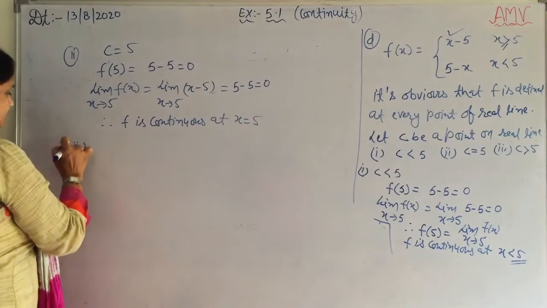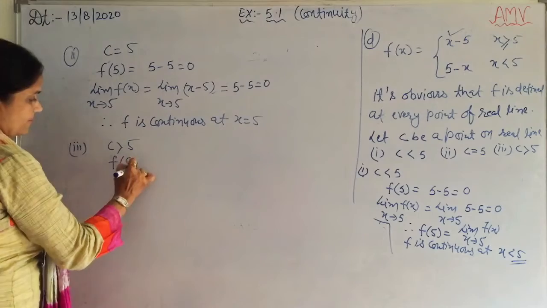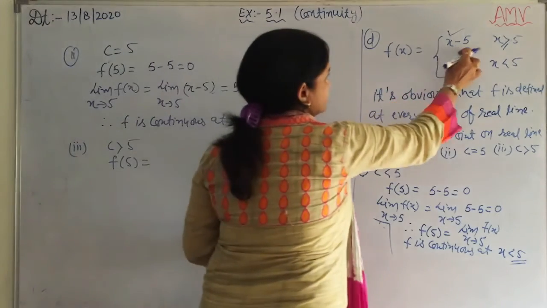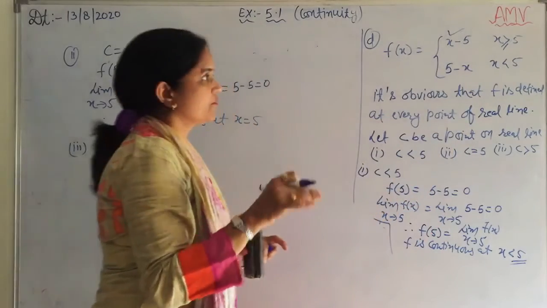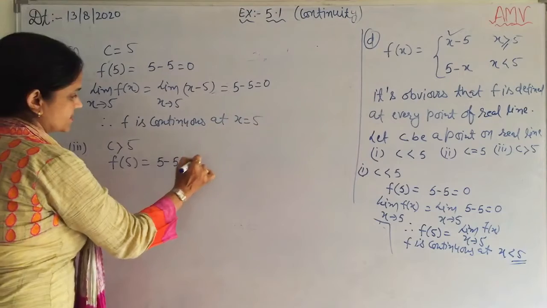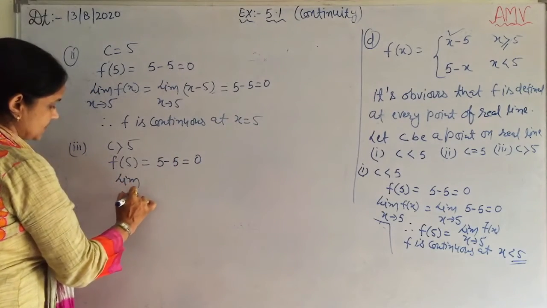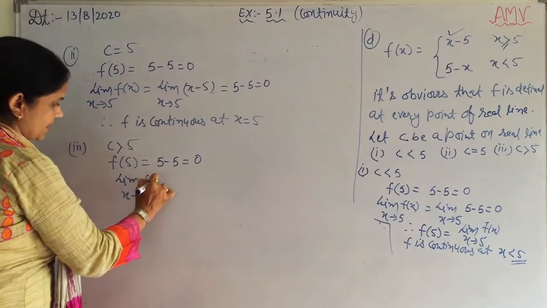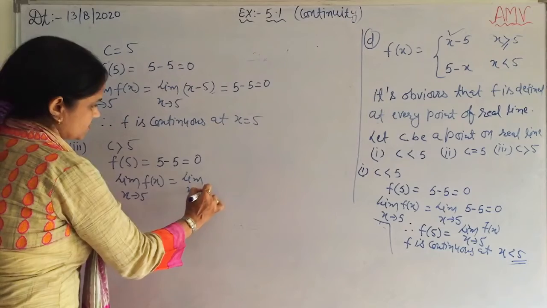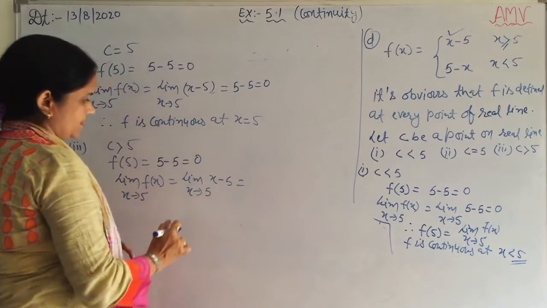Third, when c is greater than 5, find f(5). Now take this, since here x is greater than 5, so 5 minus 5 is also 0. And the limit as x tends to 5 of f(x), here it's x minus 5.